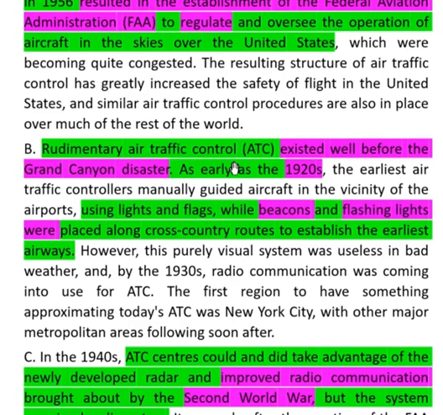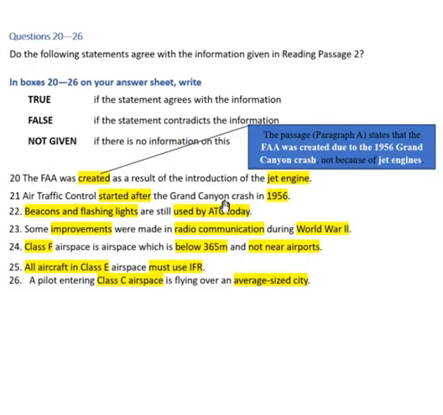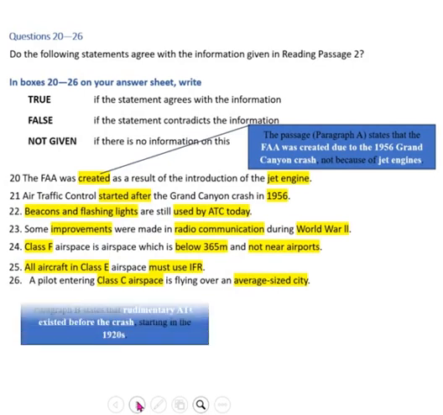The first sentence: rudimentary air traffic control, known as ATC, existed well before the Grand Canyon disaster. Paragraph B states that the rudimentary ATC existed before the crash, starting in the 1920s. I hope you have your answer there. Number 21, is this statement true, false, or not given?